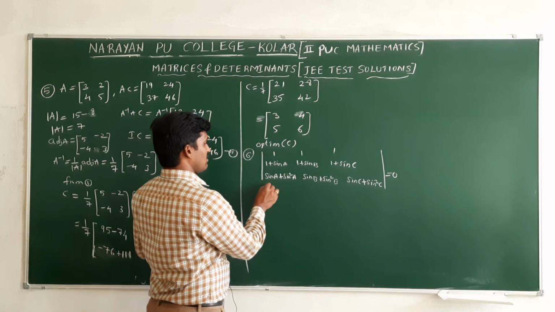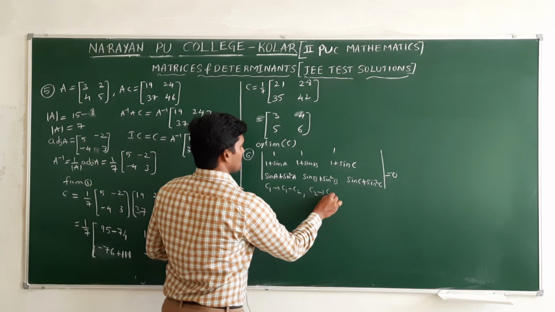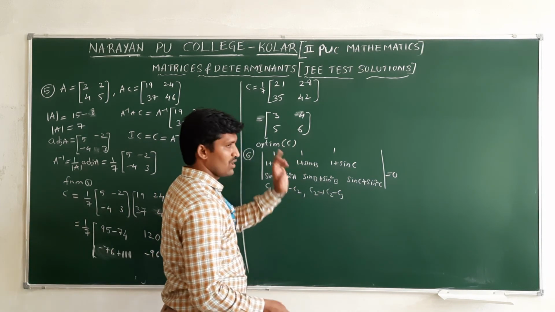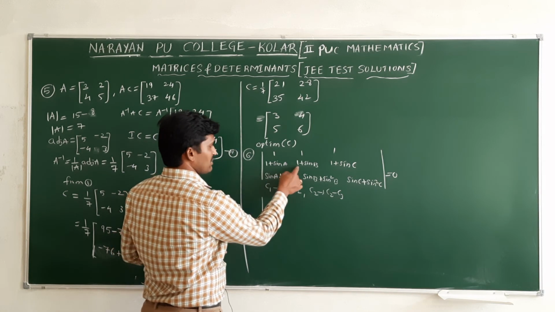For simplification purposes, I will do the column operations C1 minus C2. Next, C2 goes to C2 minus C3. By subtracting, this value becomes 0, 0, 1 minus 1, 0.